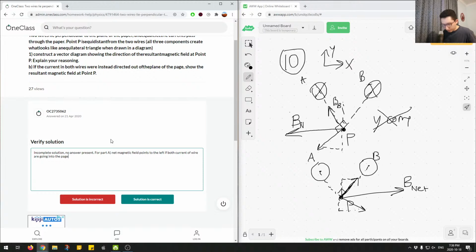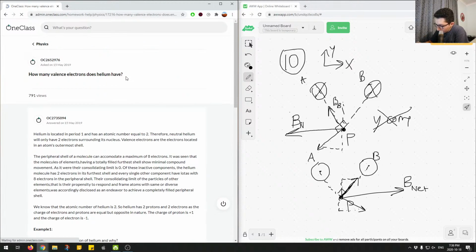For part B, the net magnetic field points to the right. And we'll mark this as incorrect.